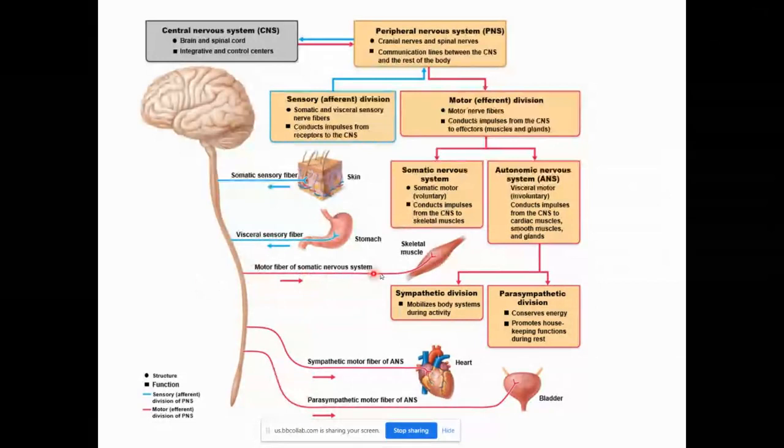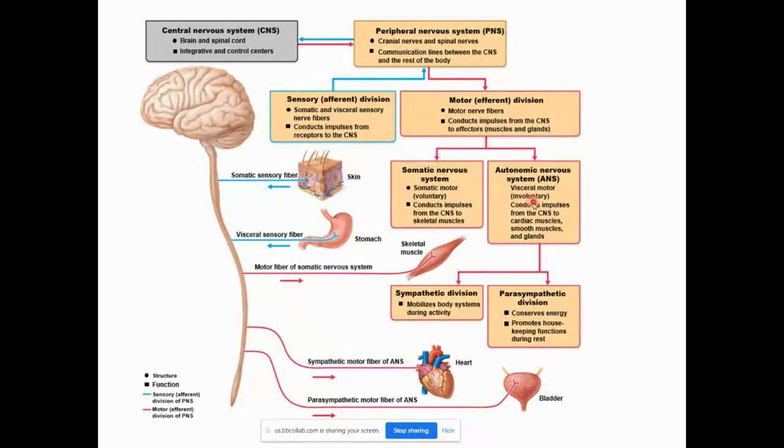This is the only motor division that you have conscious control over, the somatic motor division, where motor autonomic, or the ANS, goes to other effectors like smooth muscle in your organs, cardiac muscle, and also glands that I don't think they're showing here. I don't see any. So careful here. So be able to organize that for yourself.